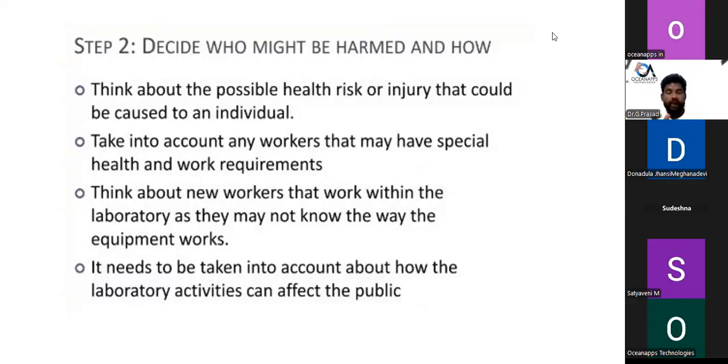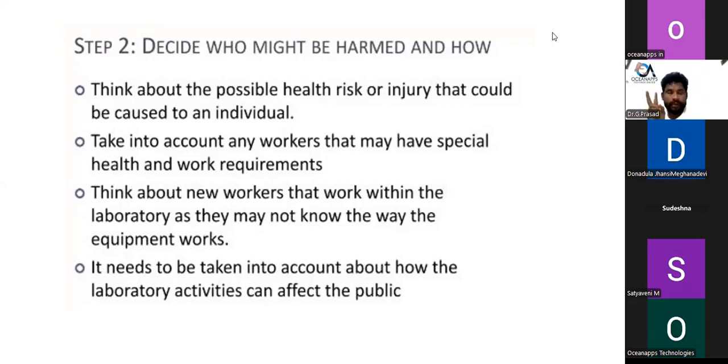Think about the possible health risk or injury that could be caused to individuals. Think about possible health risk. అక్కడ ఏదన్నా జరిగితే కనుక దాని నుంచి మన హెల్త్కి ఎంత రిస్క్ జరగచ్చు ఆర్ ఎంత ఇంజురీ జరగచ్చు, డ్యామేజ్, ద డ్యామేజ్ టు ద ప్రాపర్టీ యాజ్ వెల్ యాజ్ ద రిస్క్ టు ద హెల్త్. సో బోత్ ఆర్ వెరీ ఇంపార్టెంట్.